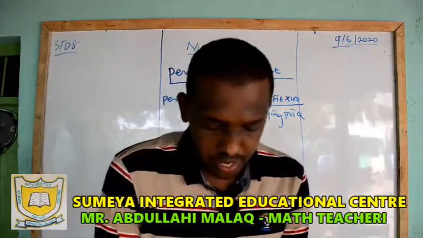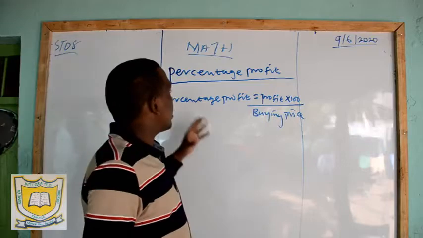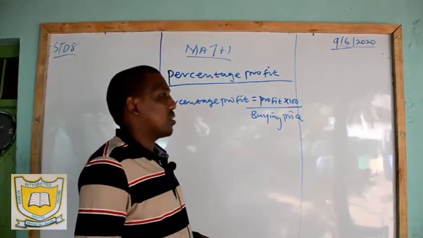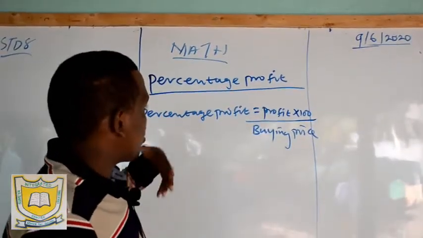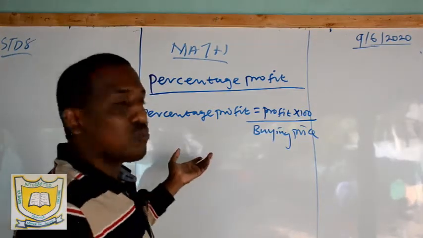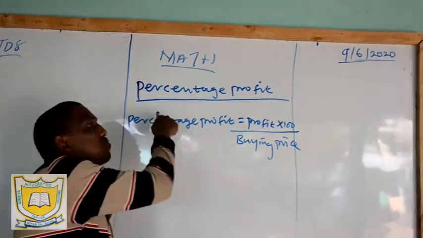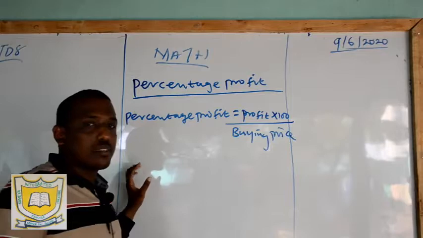Remember, yesterday we introduced money, whereby we did profit and loss, and we found the formula for getting profit. We said profit is equal to selling price minus buying price. Today we shall be dealing with percentage profit.